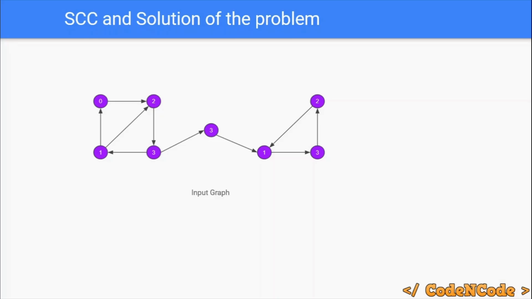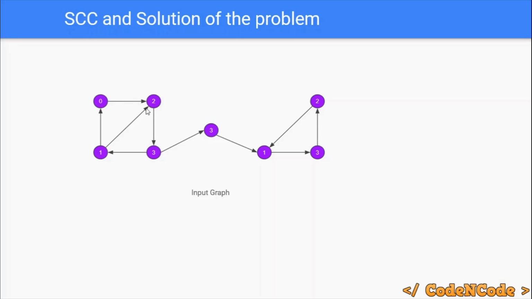There may be more than one cycle, but there exists at least one cycle. Now if there exists a cycle, then all of the nodes which lie in that cycle are actually magic boxes. Why? Because of course there will be a path which will bring you back to that node itself.